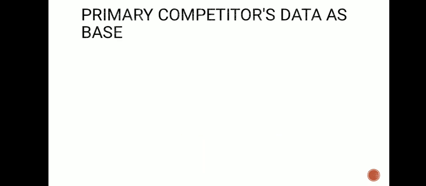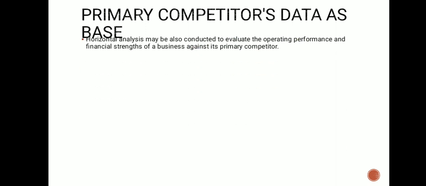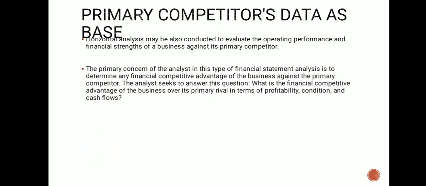Okay, another base nga pwede nato i-compare ang atong actual performance is the primary competitors data. So the horizontal analysis may also be conducted to evaluate the operating performance and financial strengths of a business against its primary competitor.